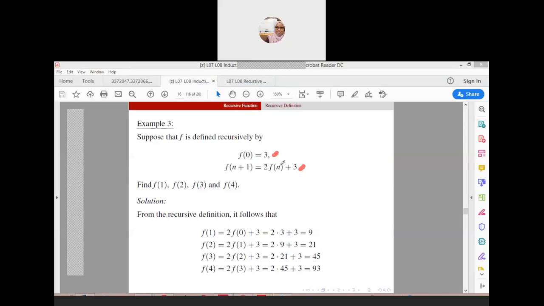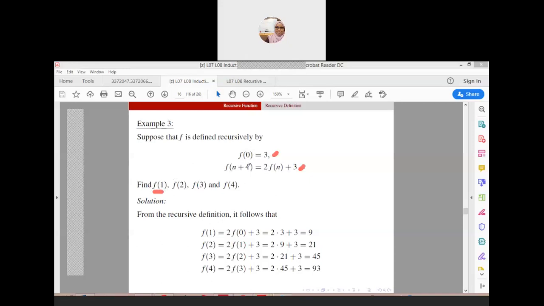Here we can create a set of values by using the formula given. We know that f(0) is equal to 3. How to find f(1) here? Find f(1).